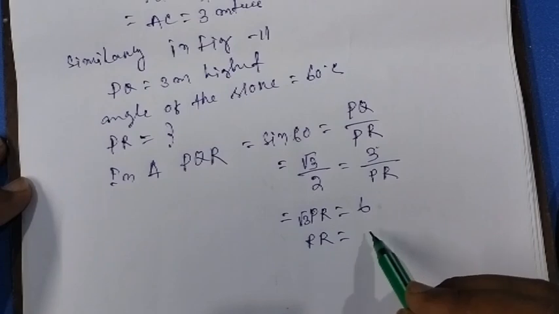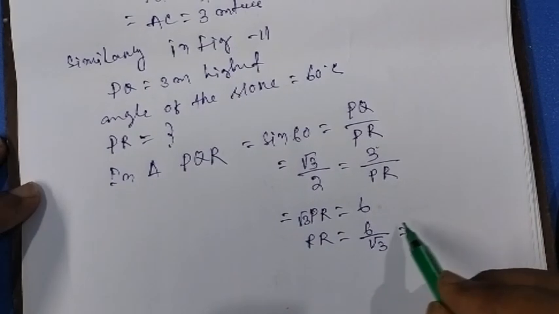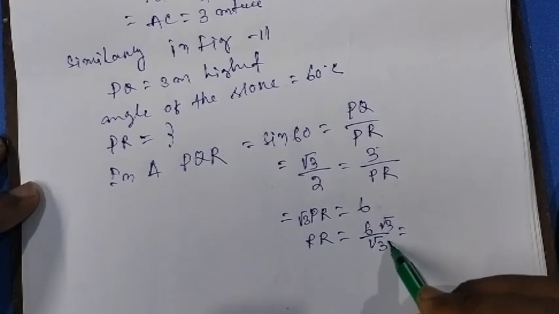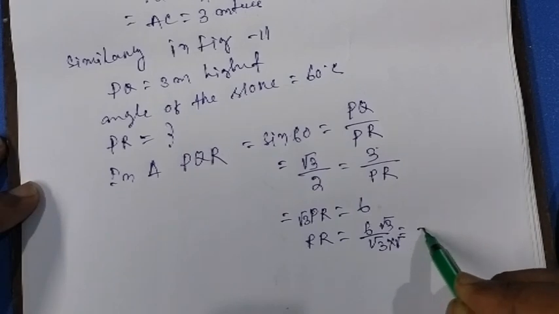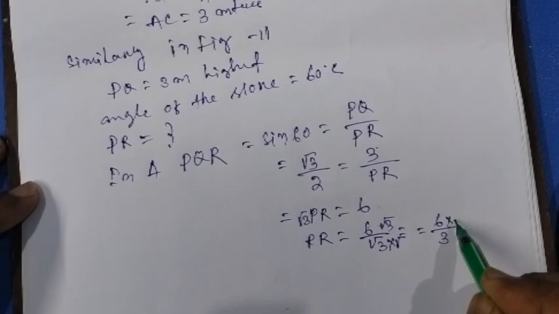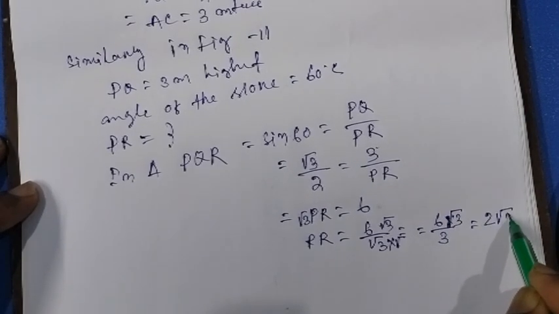PR is equal to 6 by root 3. We have to multiply root 3 above and root 3 below. That is 6 root 3 by 3, or 2 root 3.